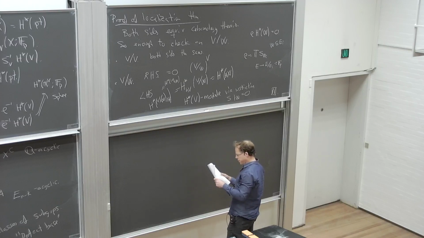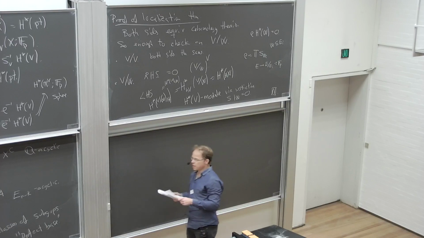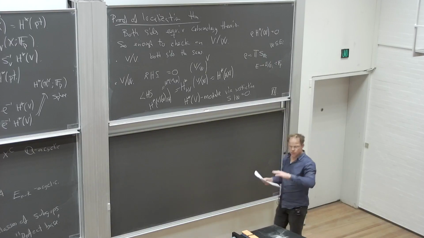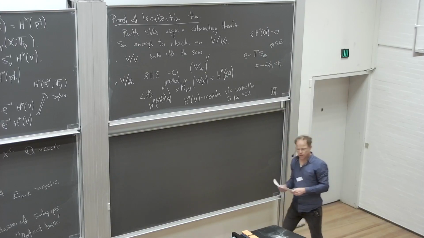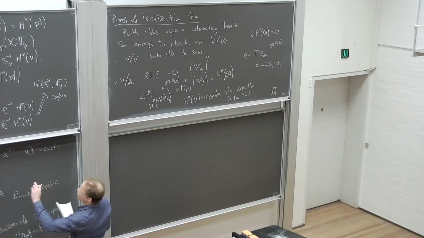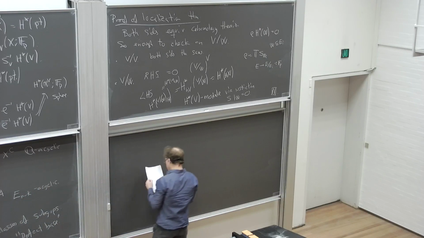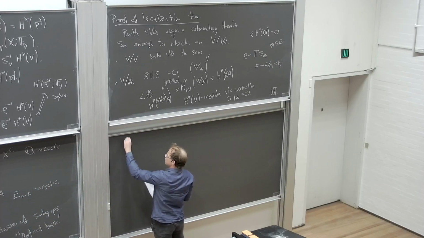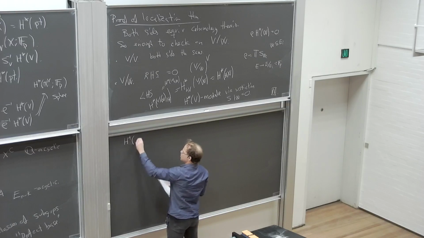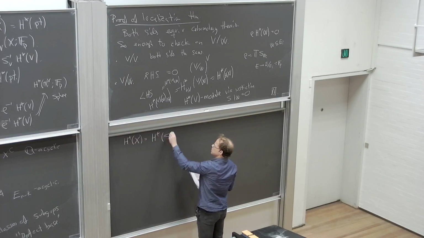What more can we say? Now let's look a little bit more carefully at the case where the cohomology of X is the same as the cohomology of some sphere S^n.